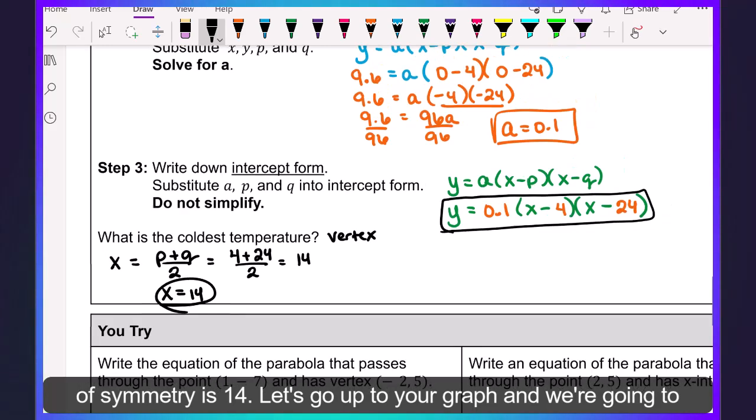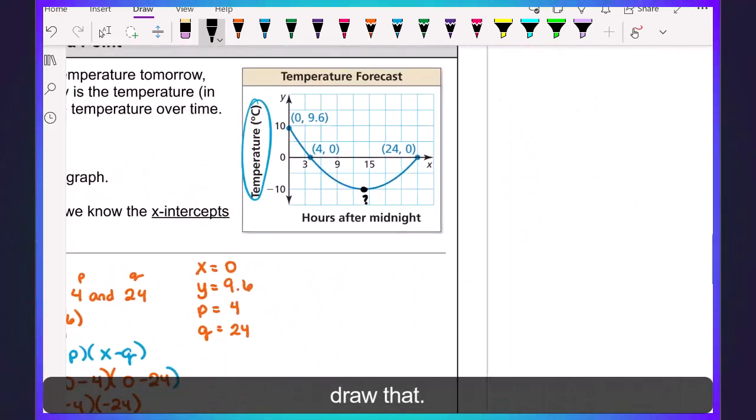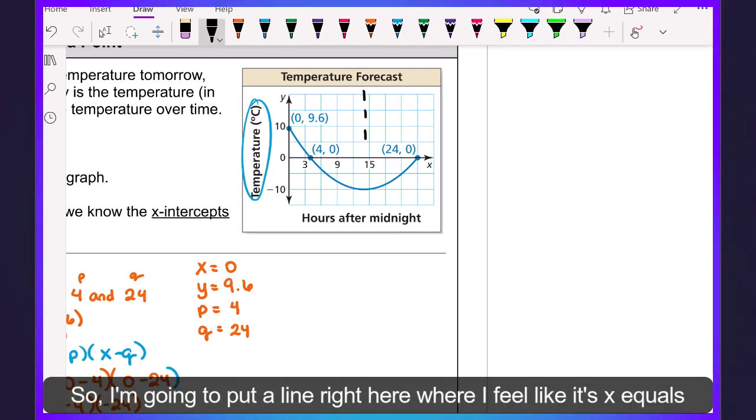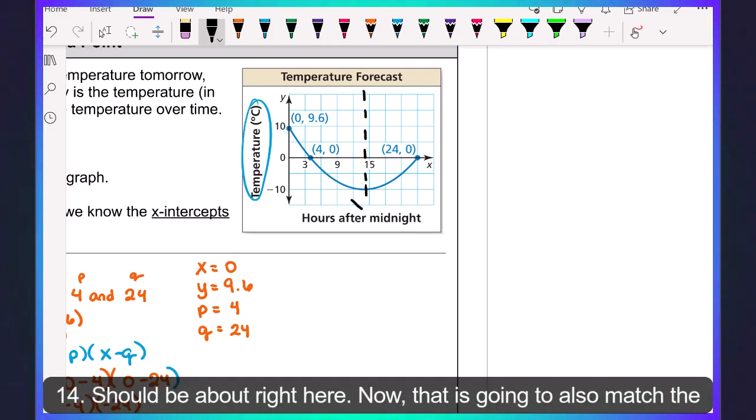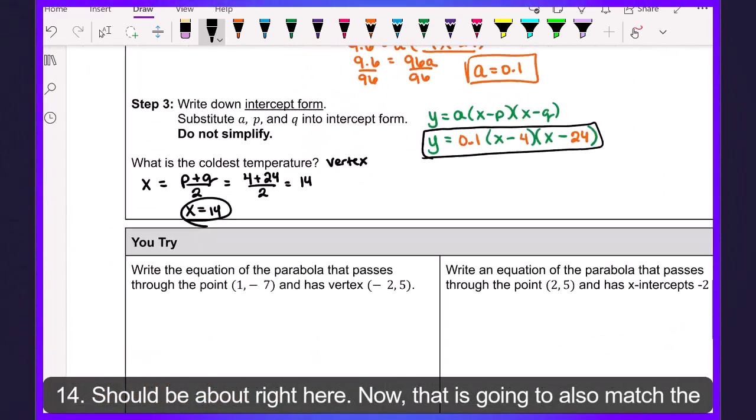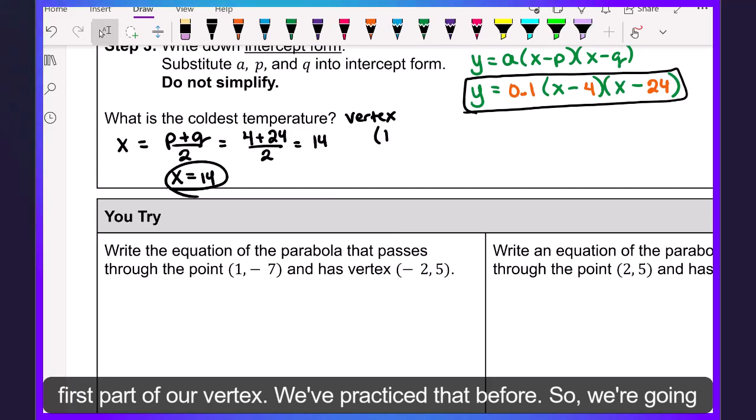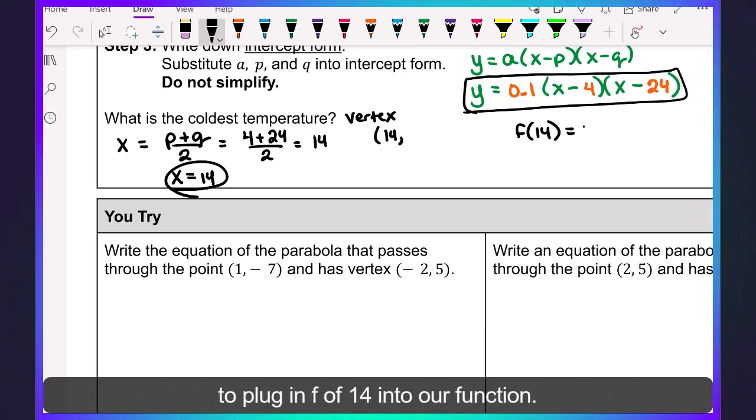Let's go up to your graph and we're going to draw that. So I'm going to put a line right here where I feel like it's x equals 14. Should be about right here. Now that is going to also match the first part of our vertex. We've practiced that before. So we're going to plug in f of 14 into our function.